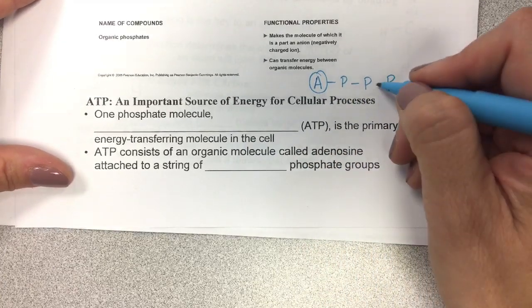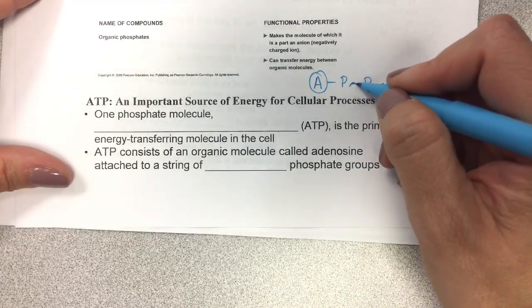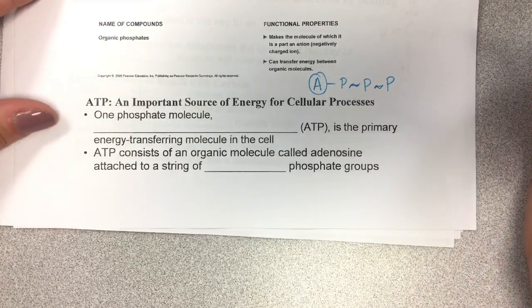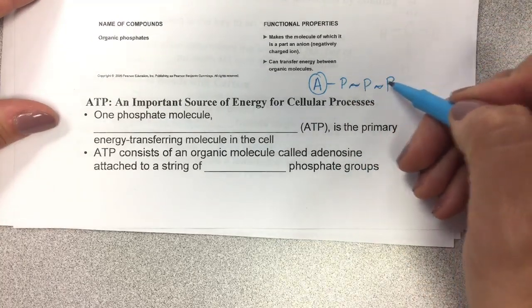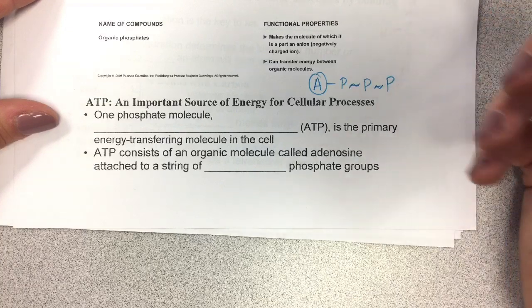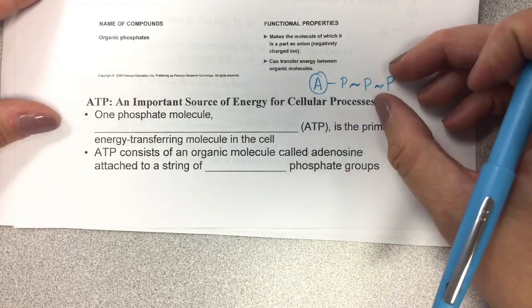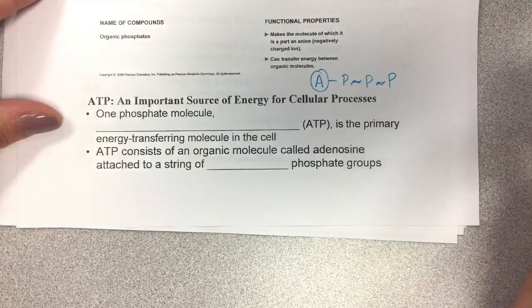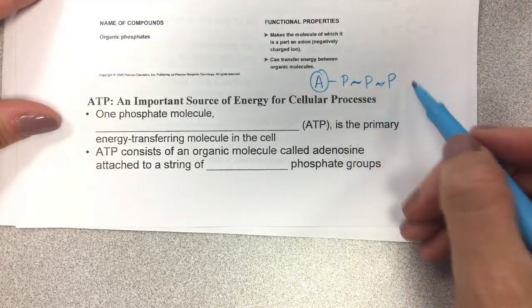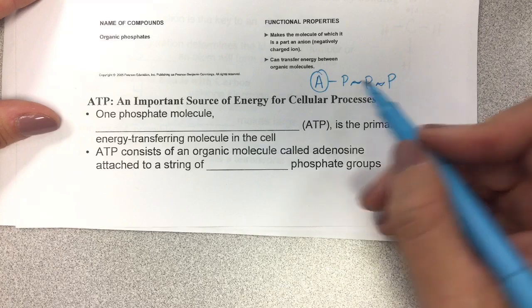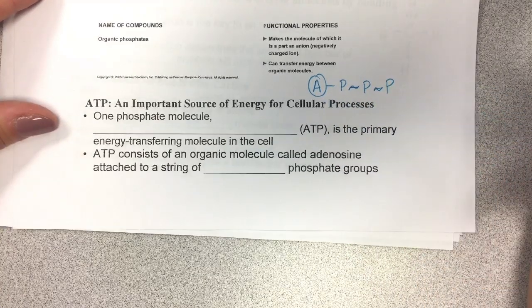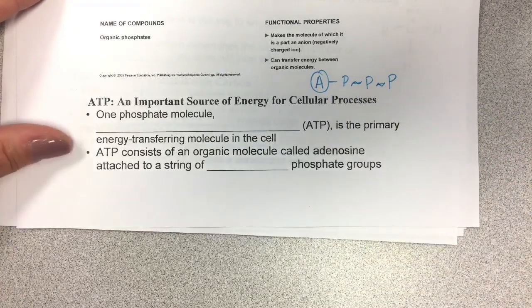The bonds between the phosphate groups are unstable because they both have a negative charge, and the same charges repel. So it's an unstable bond, and when the phosphate group breaks off, energy is released, and therefore this molecule is used for a lot of processes in cells that need energy.